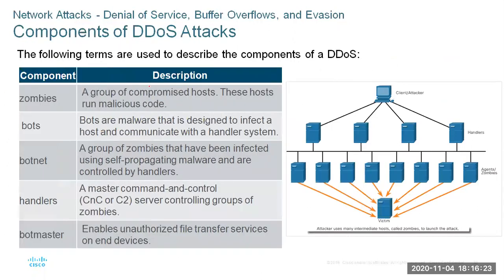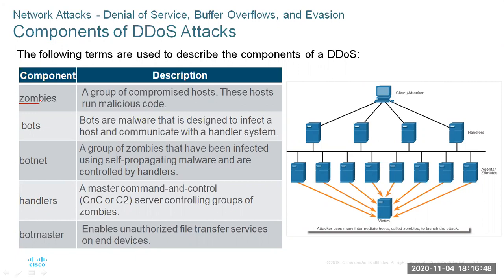Some of the components that they use in denial of service are the zombies. Zombies are a group of compromised hosts. These hosts do not know that they are being used, that they are being compromised.